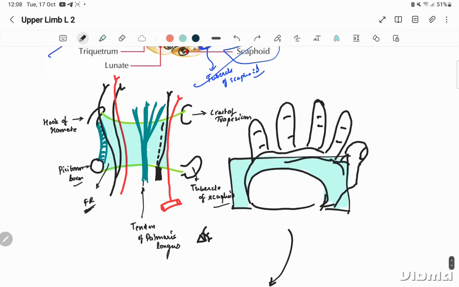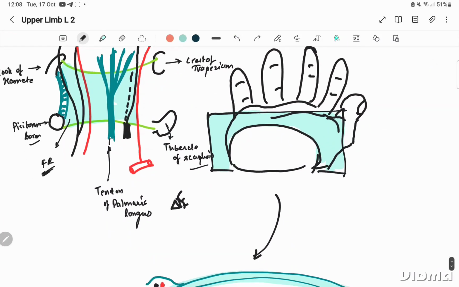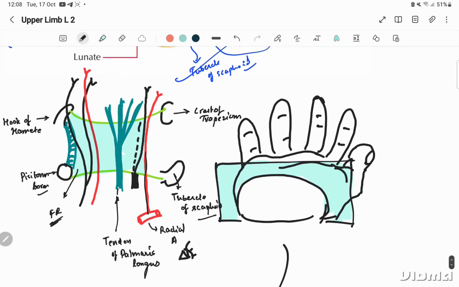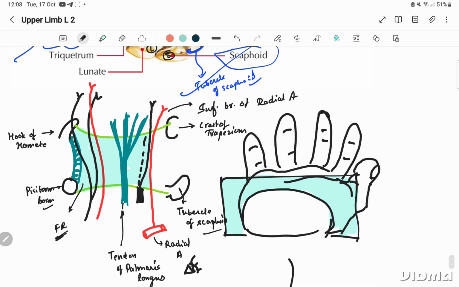Then we have this artery which is called the radial artery. We have a branch of the radial artery going superficial to the flexor retinaculum. This is the superficial branch of the radial artery.